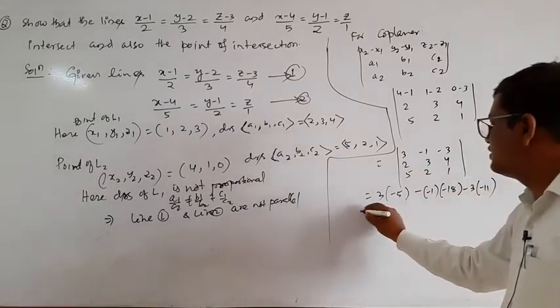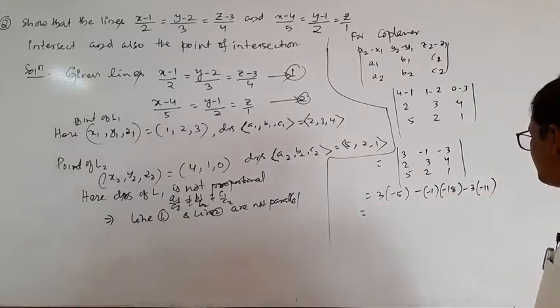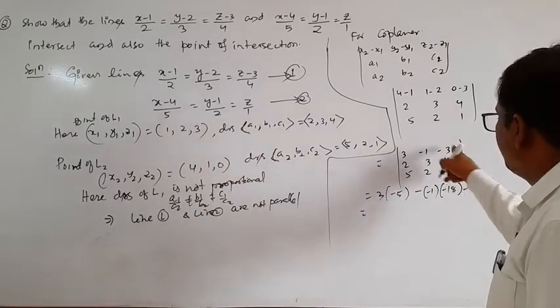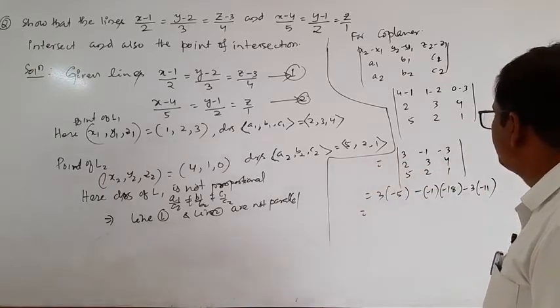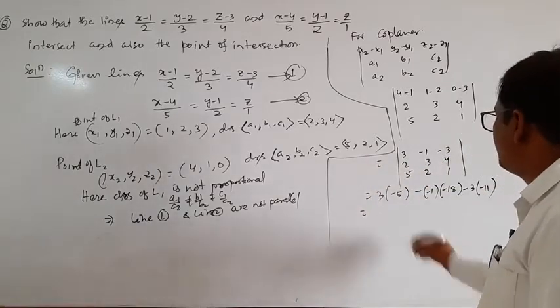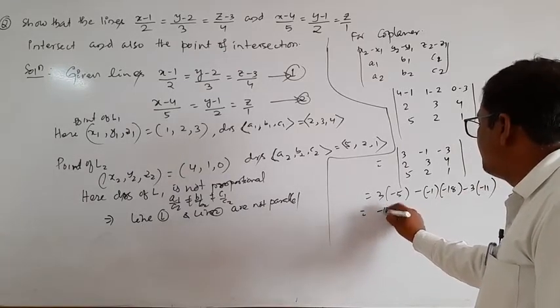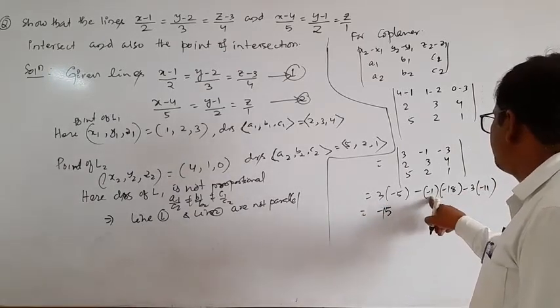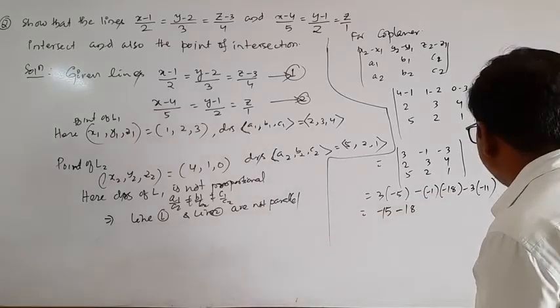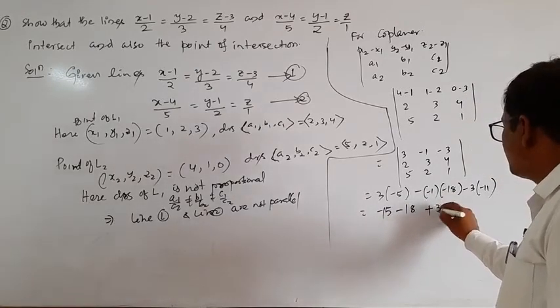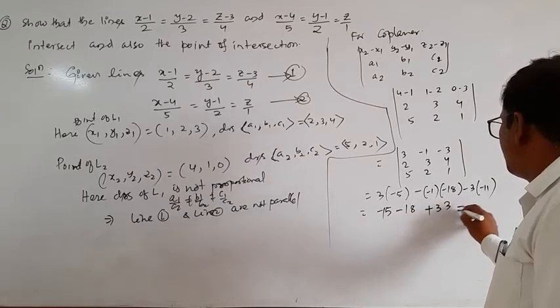So this is 3 into minus 5, that is minus 15, then minus 18, and plus 33. This is equal to 0.